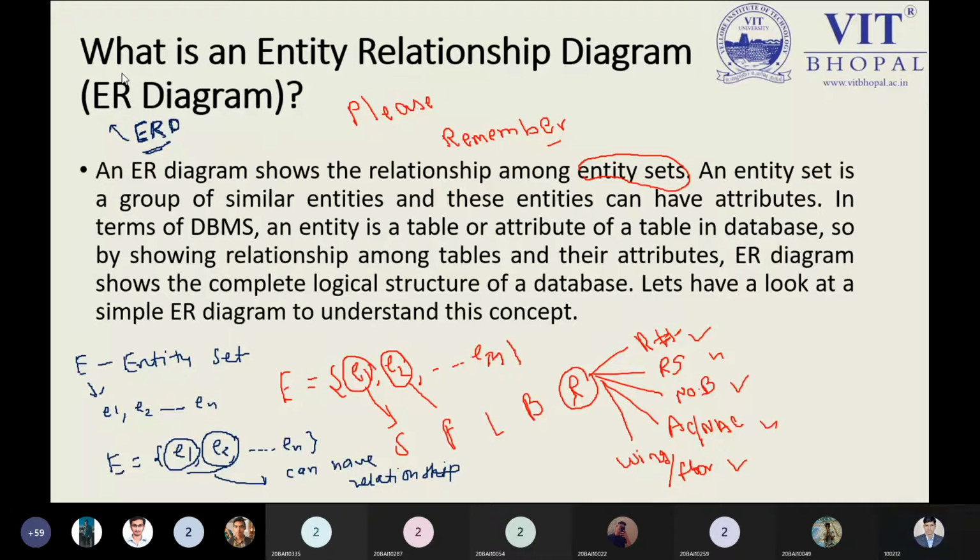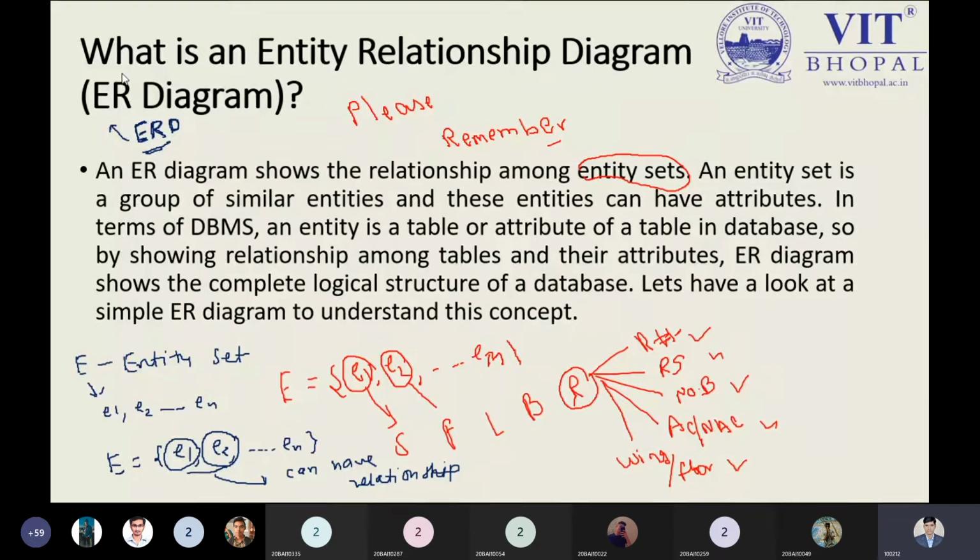If it is required, then we can make it. It is also possible, but there is no need. So what is the relationship between the student and marketing department? There will be no sense. So definitely we put similar types of entities, meaning related entities only. Similar type means we are talking about related information. Okay, sir.